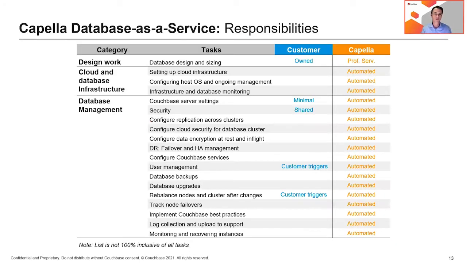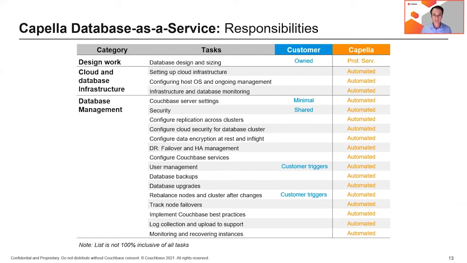So one of the first things we need to talk about is database as a service, fully managed. Well, what does that mean in terms of what is managed, right? So if we're looking at different categories of tasks on the left, you can see design work and infrastructure and database management. And with Capella, pretty much everything that you're seeing here is managed by the Couchbase Capella service, right?